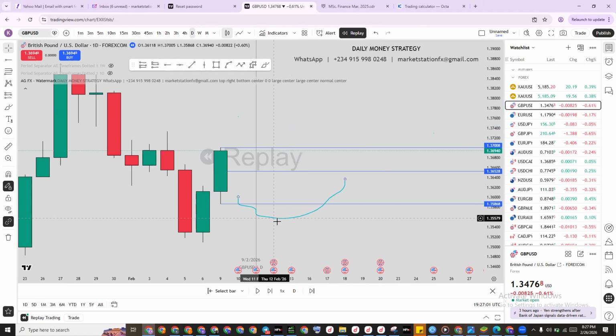So in the reversal, if it's going to be a sell, market will take this liquidity, hit a sell zone, and come for this target. Very easy. If it is going to be a buy, market will take this liquidity, find a place to buy, give confirmation, and come for this target. As simple as that.